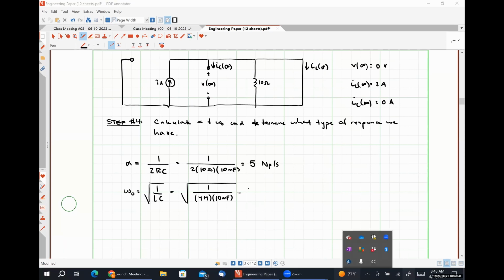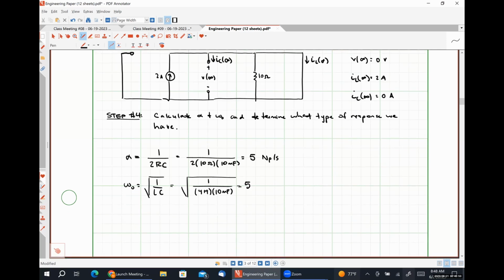And I also get 5. Since alpha is equal to omega naught, that means this circuit is critically damped.